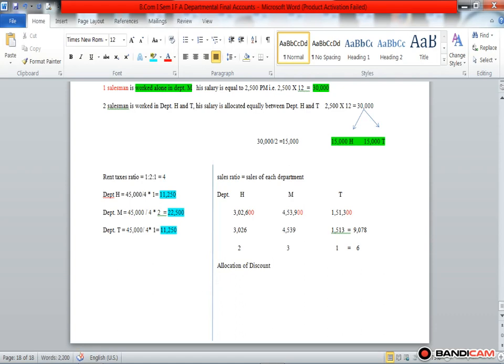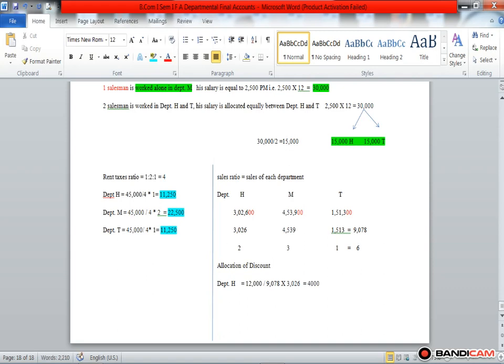So here department H is equal to, the amount of discount allowed is rupees 12,000, 12,000 divided by 9078 multiplied by 3026, we get an amount of rupees 4,000.